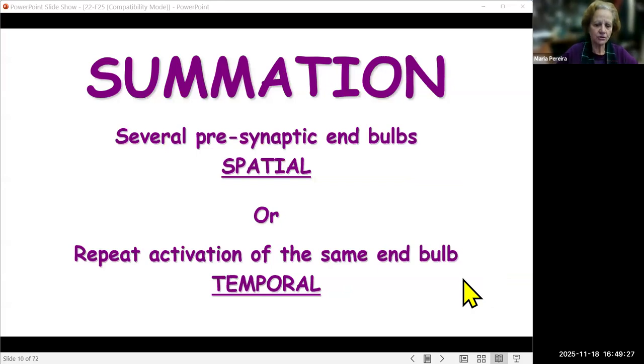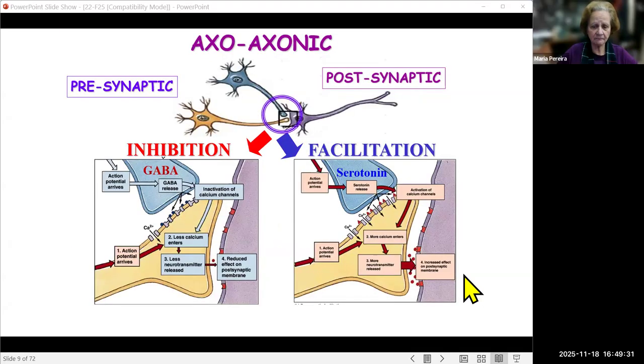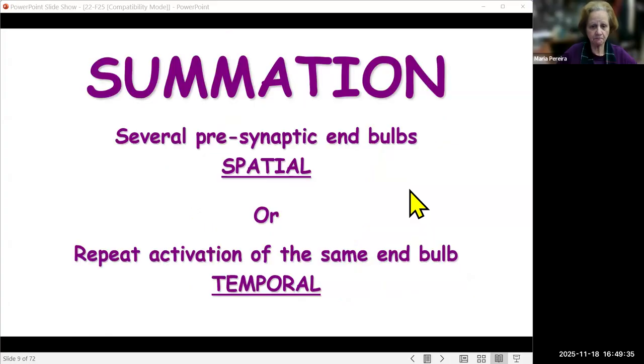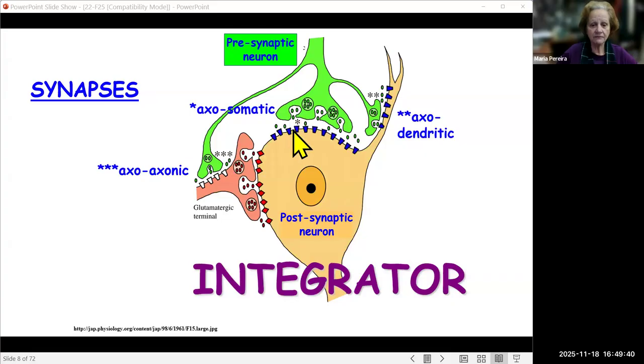Okay, so what happens at the postsynaptic neuron? What decides if the action potential is going to travel down, or the change in potential, the impulse, is going to be transmitted from the pre to the postsynaptic neuron?